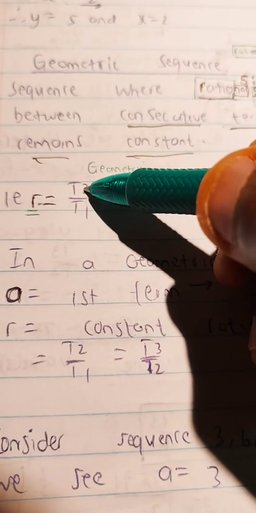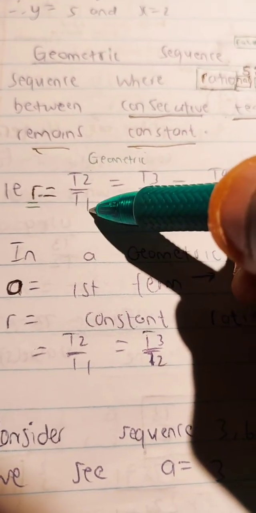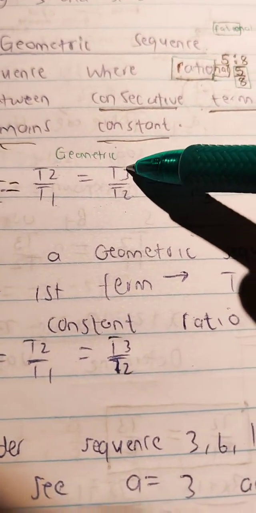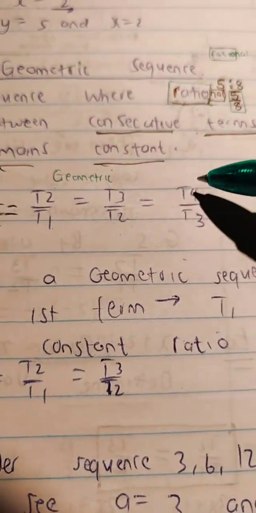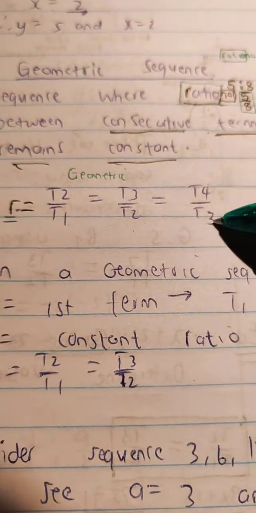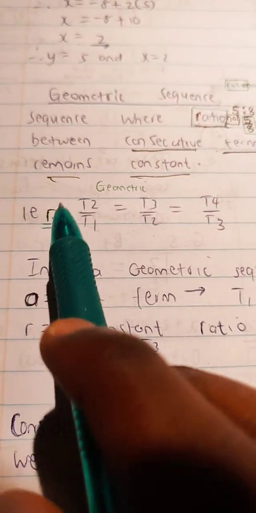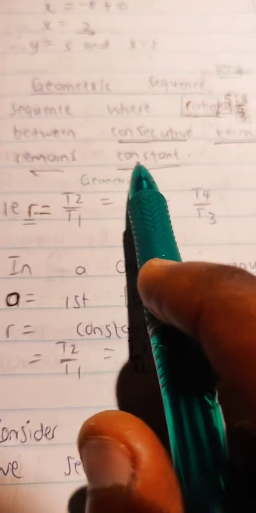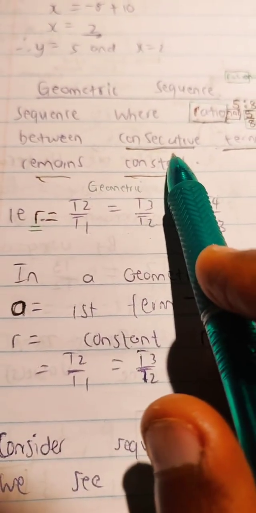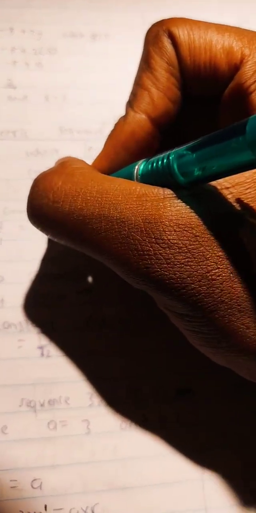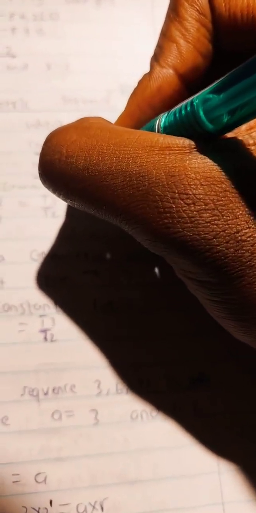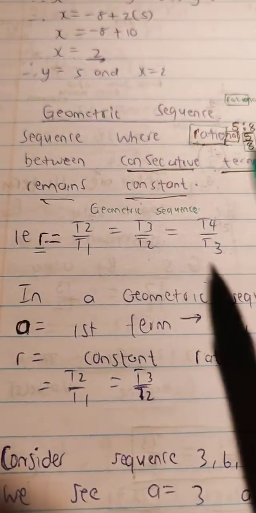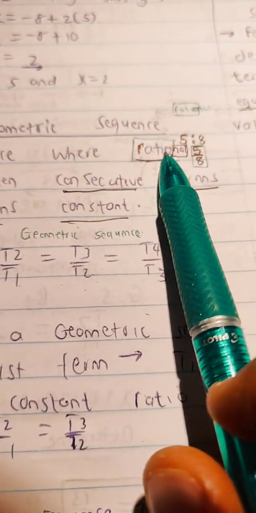You can take term 2 divided by term 1, and you should find that if you take term 3 divided by term 2, and term 4 divided by term 3, you get the same ratio, which we say is constant. Because for a geometric sequence, what is constant? It is the ratio that is constant.